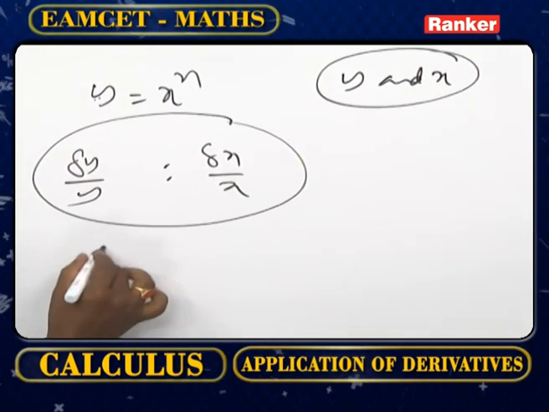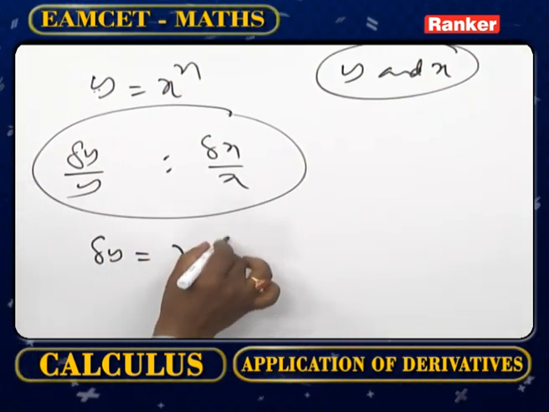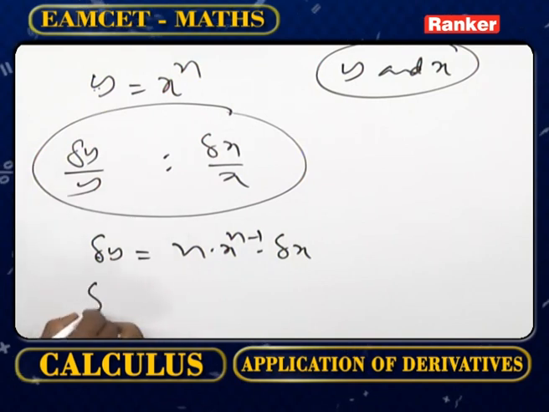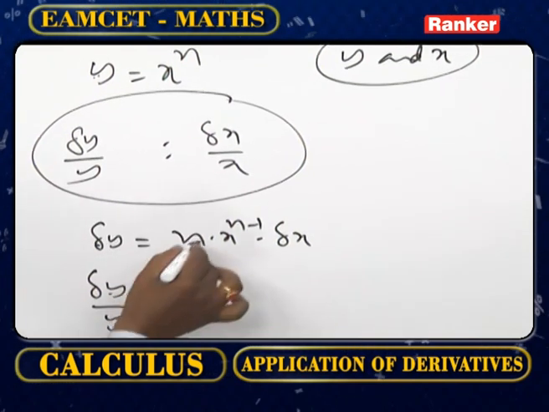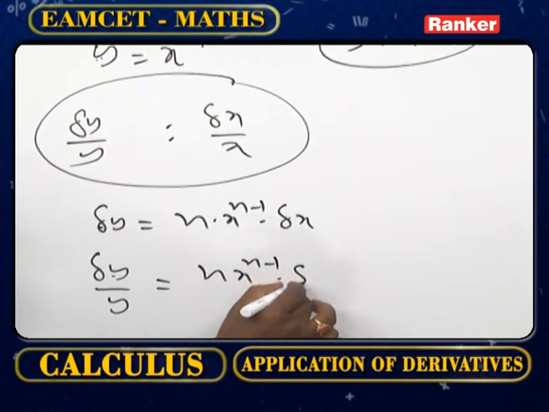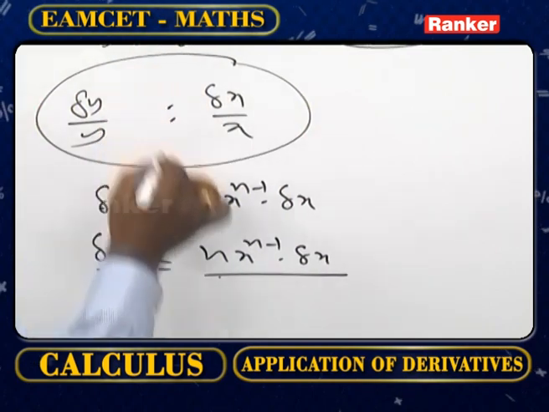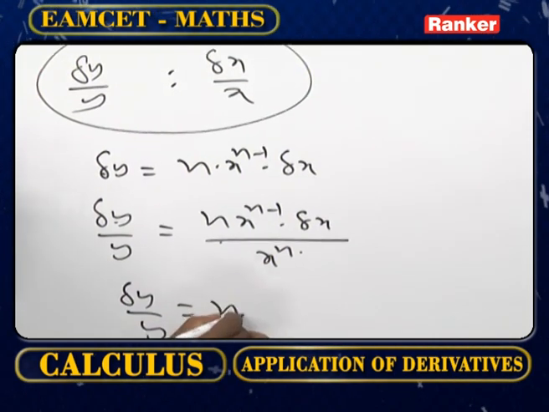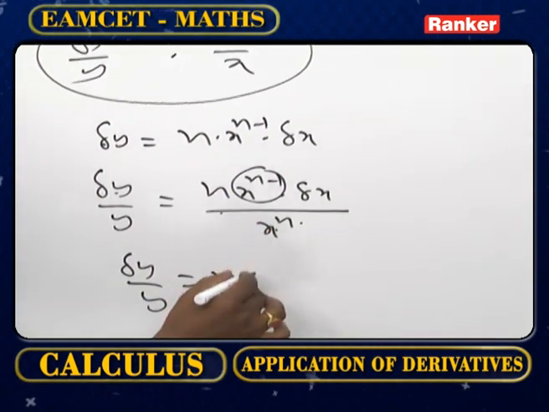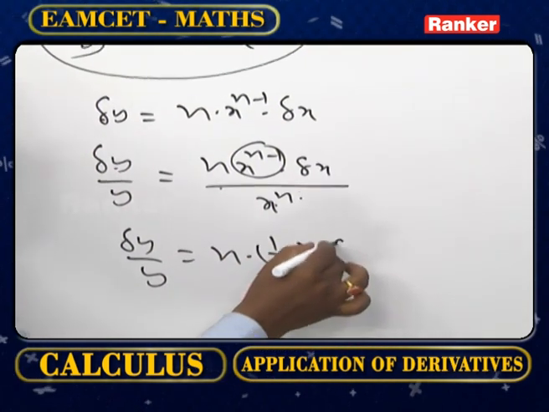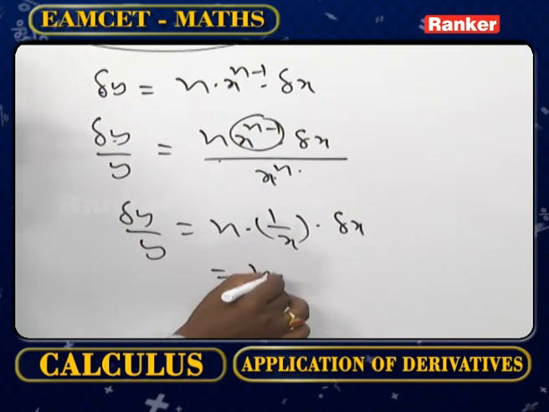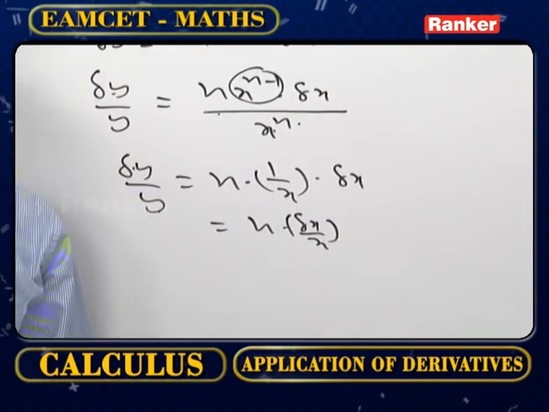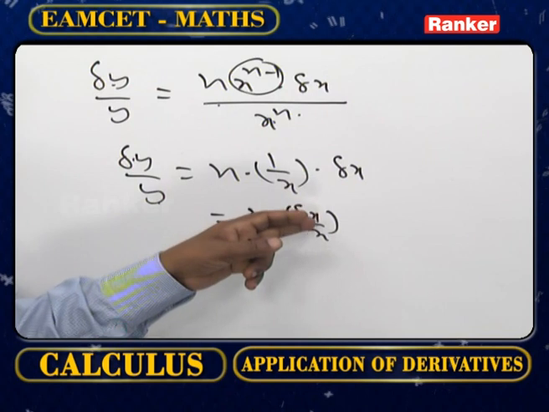Differentiating, we get δy = n x^(n-1) δx. Now δy/y, where y = x^n, equals n x^(n-1) / x^n times δx, which equals 1/x times δx, so that equals n δx/x. Therefore δy/y, which is the relative error in y, equals n times the relative error in x.